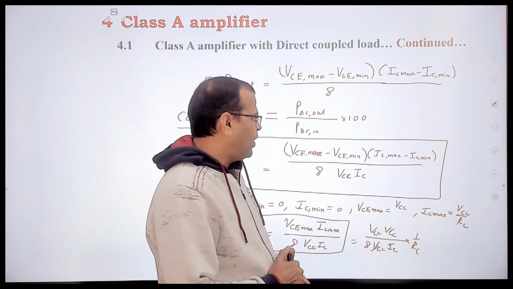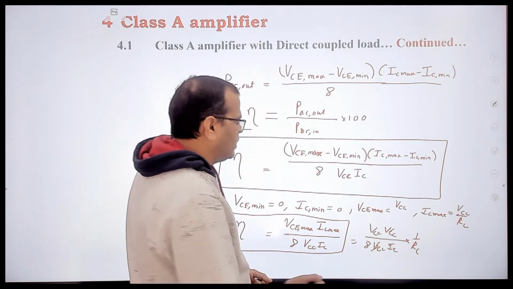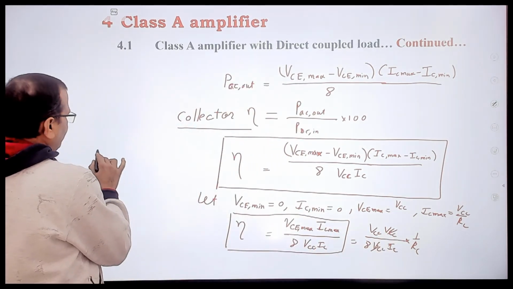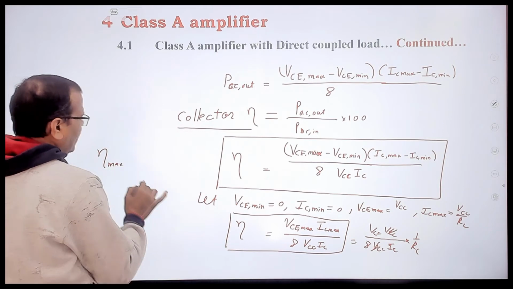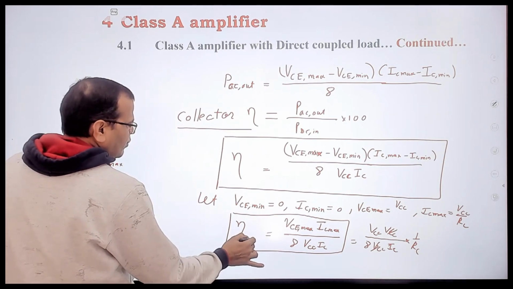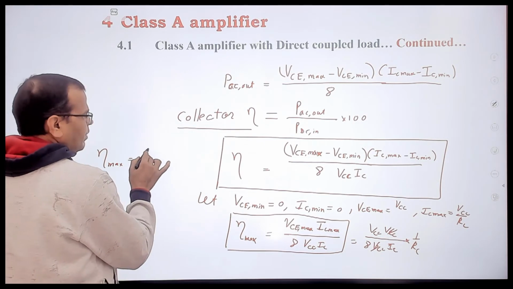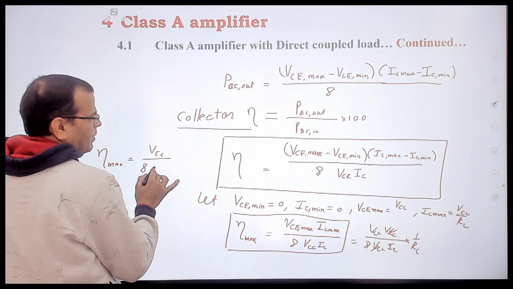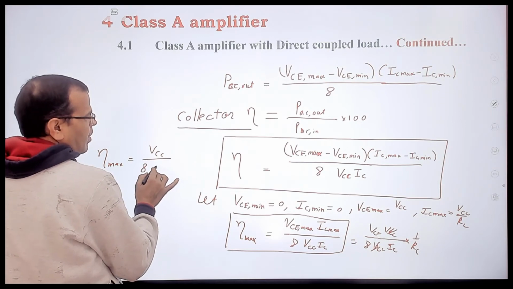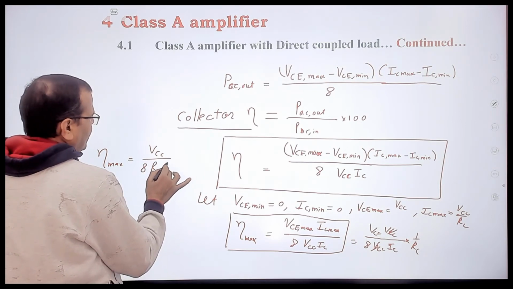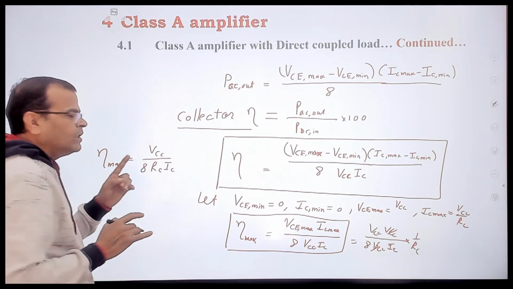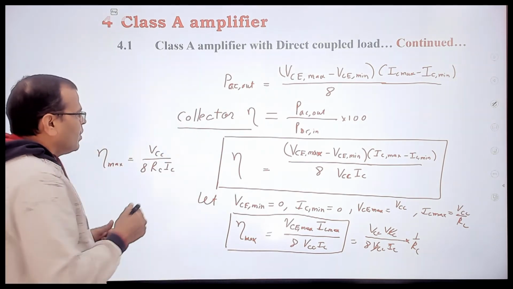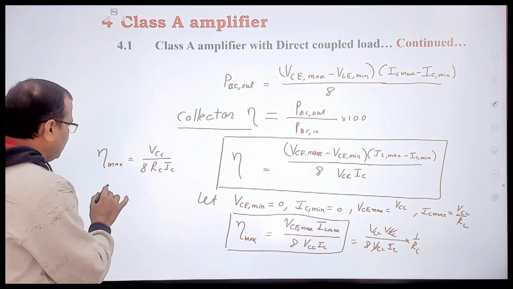So this is how we can further write the expression here. When you say V_CC upon R_C, the V_CC is cancelled out, so the maximum possible efficiency will be V_CC upon 8 R_C into I_C. But remember, I_C is the DC value.